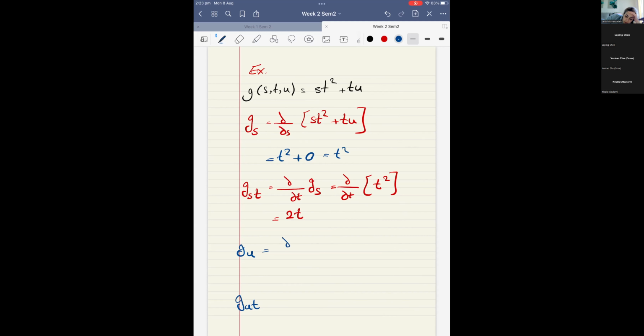It is equal to round over round here of st² plus tu. Again, u is the variable, the other variables look like constant numbers. One more step, round of the t, and this one would be t, and would be equal to 1.